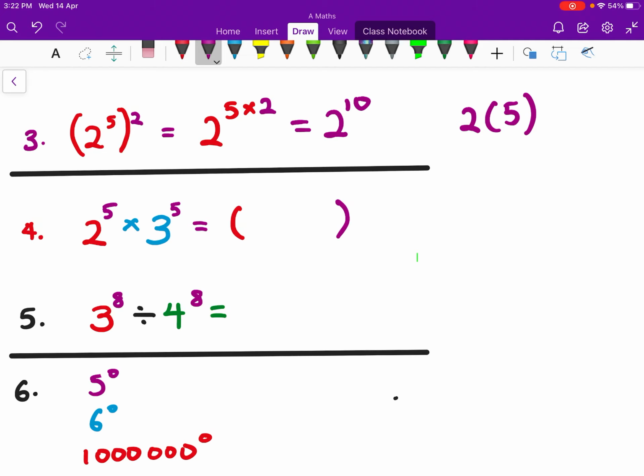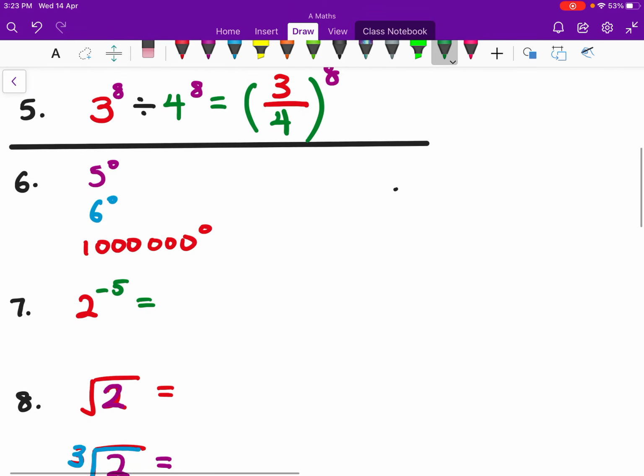Since the index is the same, I simply put a bracket here, put the index 5 outside, and whatever is inside the bracket, you put 2 multiplied by 3. Likewise for law number 5, the base is different but the index is the same. You put a bracket first, put the index 8, and of course put 3 over 4 inside the bracket. So these are law number 4 and law number 5.